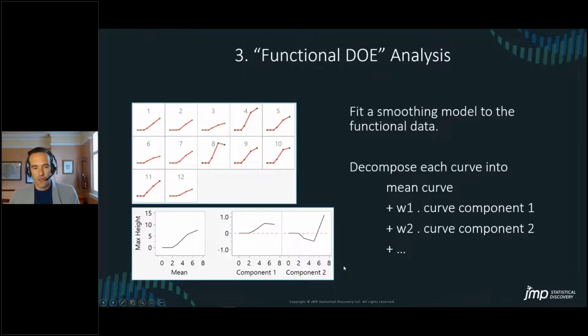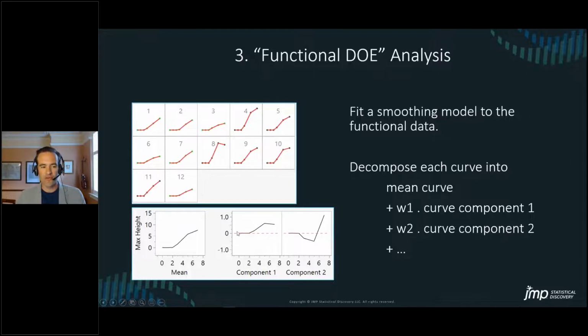And then what we say is, well, there's obviously variation from that average. That can be captured, explained, and modeled in terms of different amounts of the characteristic curve components. So it finds these characteristic curve components.